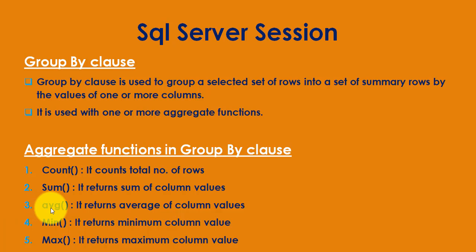The avg function returns the average of column values. The minimum function returns the minimum column value, and the maximum function returns the maximum column value. These are the important aggregate functions we have already discussed with a few examples.